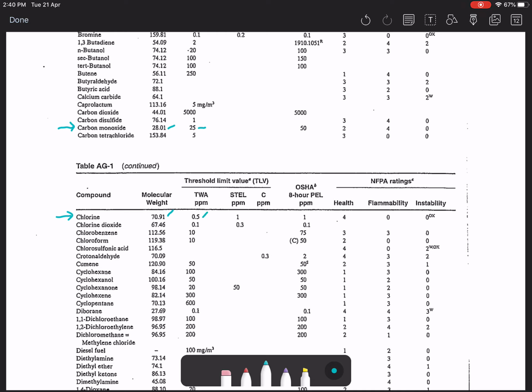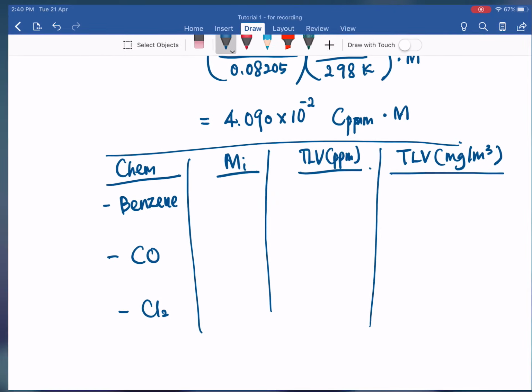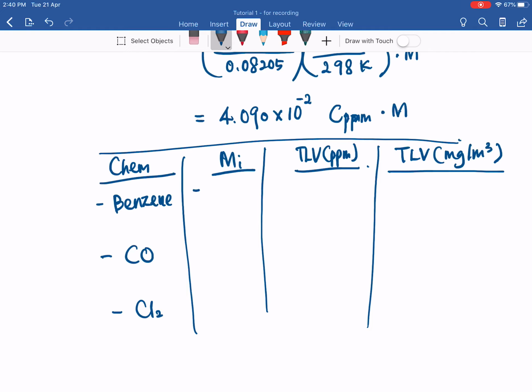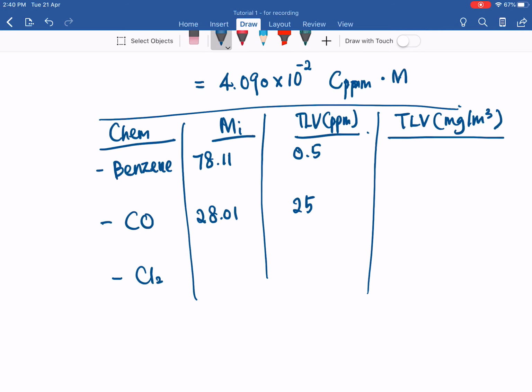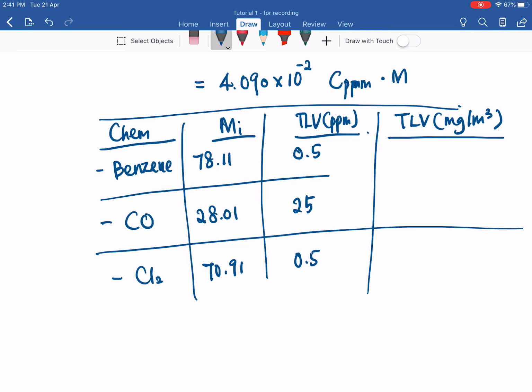So let's put all this data back into the table that we drew out. Now we have 78.11 and the TLV here is 0.5 ppm. And here we have 28.01 and the TWA value here is 25, and we have 70.91 here, and this is 0.5. So we can do this separately, no issue.